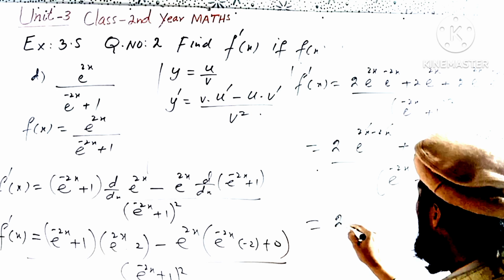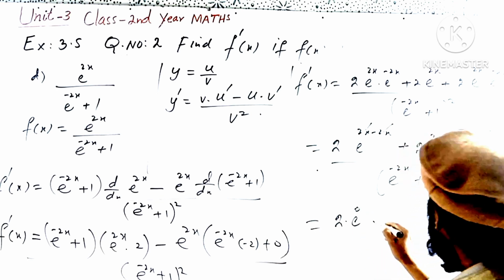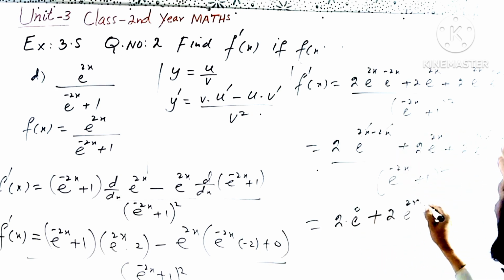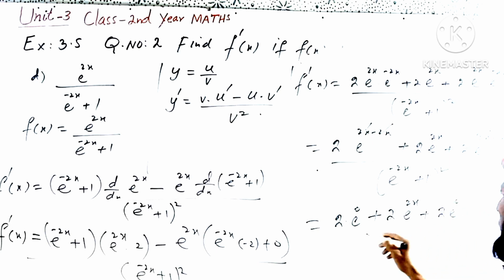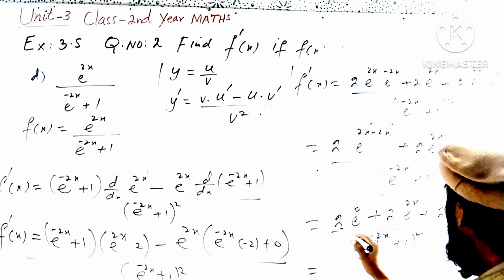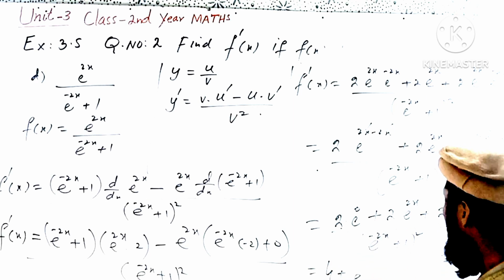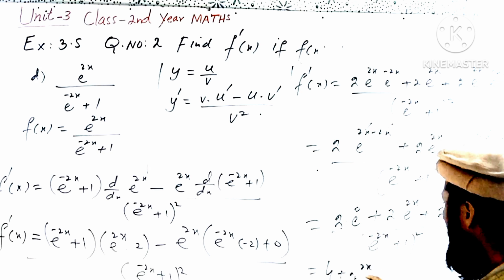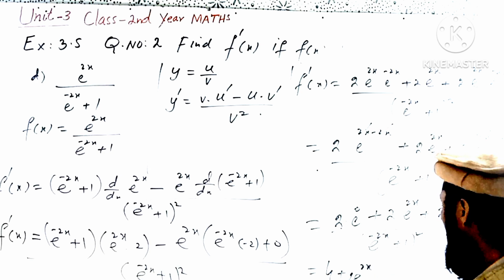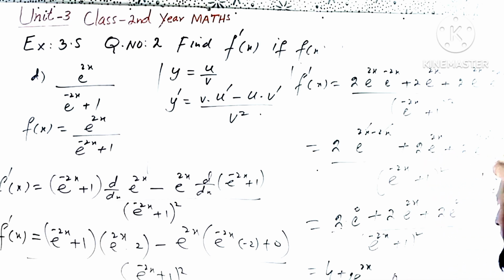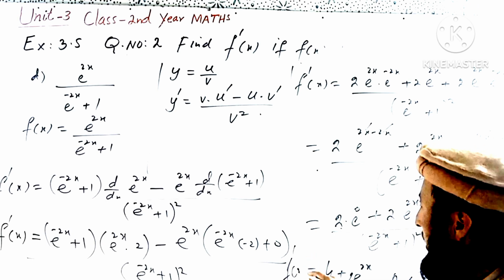So we get here 2 into e power 0 plus 2 e power 2x plus 2 e power 0, divided by e power minus 2x plus 1 whole square. We know that e power 0 is equal to 1. So here 2 plus 2 we get 4 plus 2 e power 2x, divided by e power minus 2x plus 1 whole square, which is the required answer of f dash x.